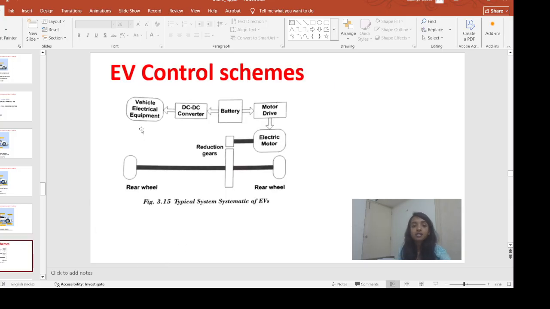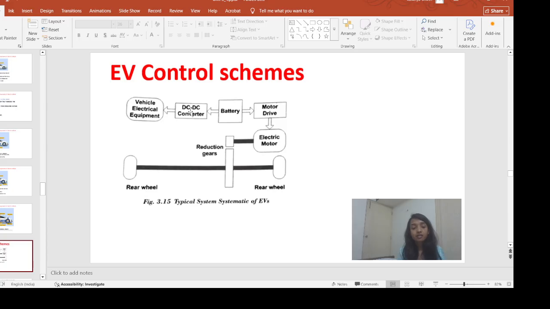Next topic is our electric vehicle control schemes. So here first we have the vehicle electrical equipment. So it will include all the electronic parts in the vehicle that need electricity, like lights, radio, sensors, etc. Next we have DC to DC converter.